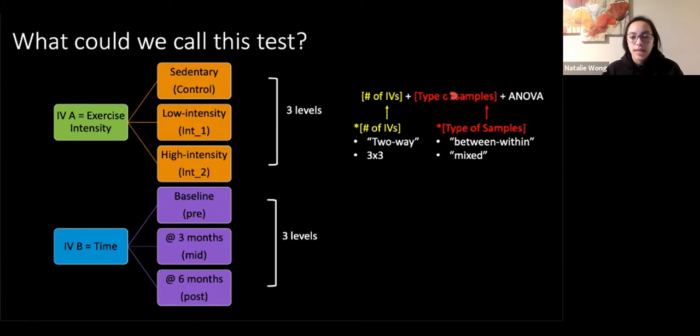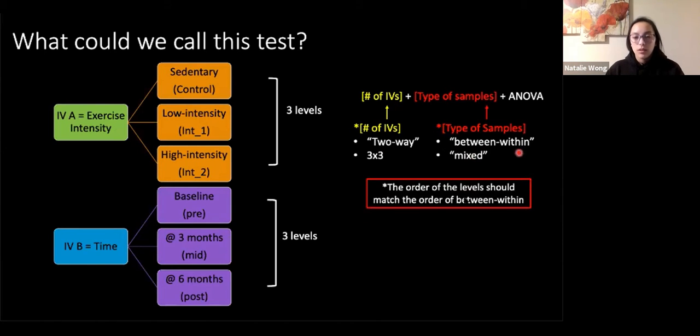And then as far as the type of samples, our descriptors could either be mixed or between within. So the order of the levels should match the order of between within if you're using a level by level naming convention.